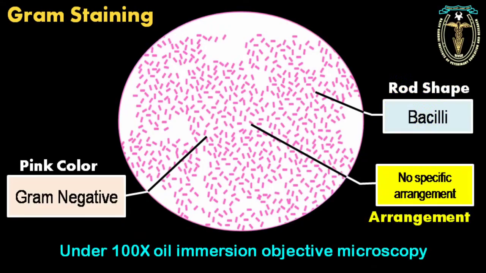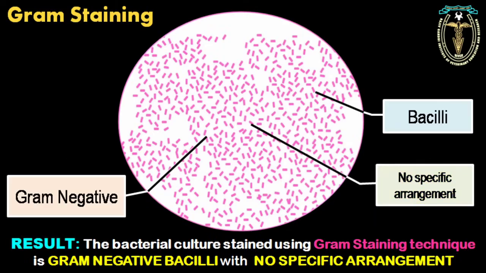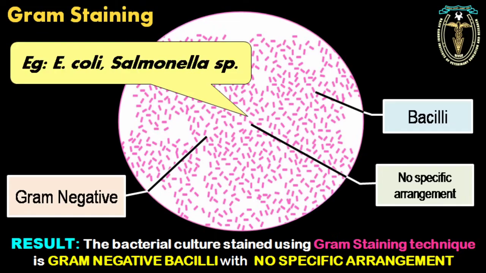There is no specific arrangement noticed. So, the result is written as: the bacterial culture stained using the gram staining technique is gram-negative bacilli with no specific arrangement. The example of bacteria is the E. coli, the Salmonella, and many others, which possess this type of microscopic character.